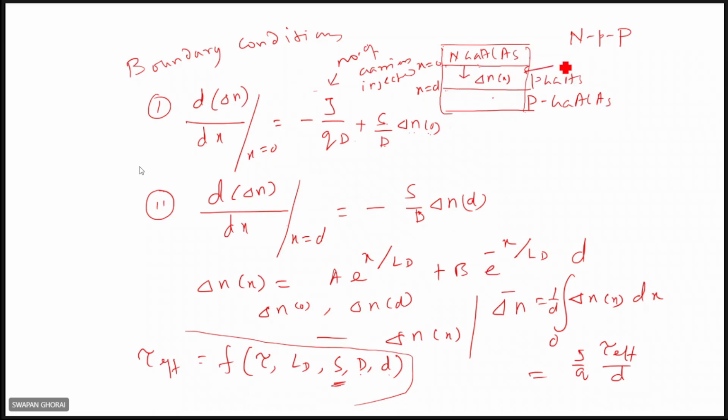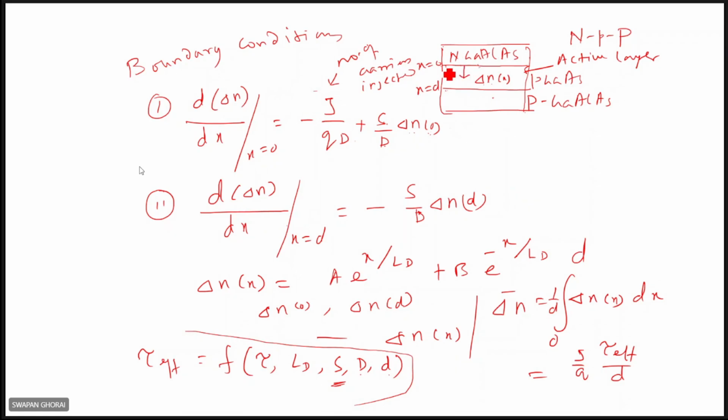I am not showing the other layers, only these three layers are shown. Your aim is to find the excess carriers, delta N, at any point x. If you can calculate delta N, then you can calculate the power.